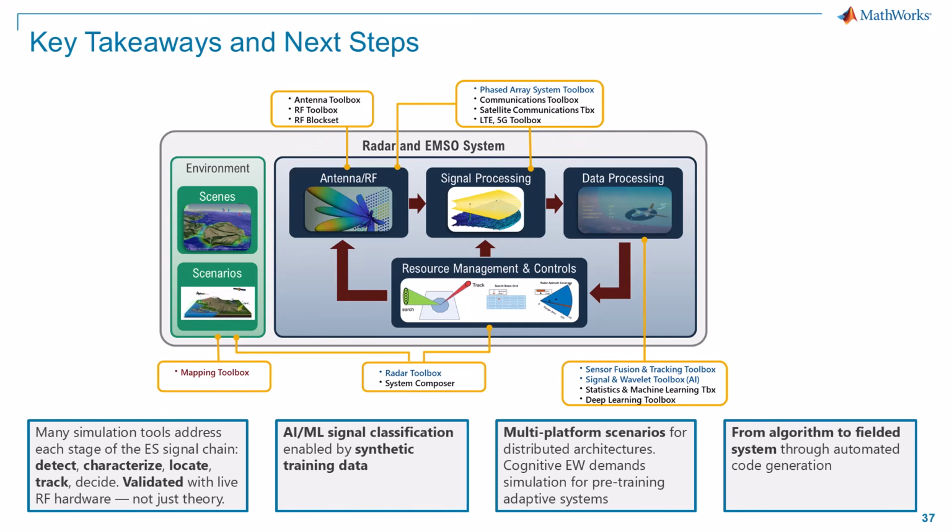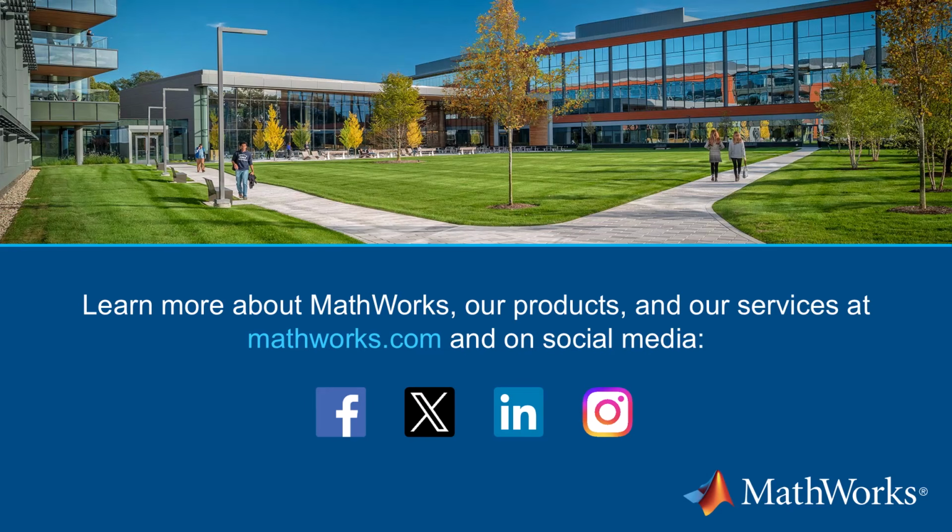Cognitive EW demands simulation for pre-training adaptive systems, and you can't generate enough operational data alone. 4, from algorithm to fielded system through automated code generation to FPGA and embedded targets. No manual reimplementation. That concludes our talk on direction finding and geolocation.